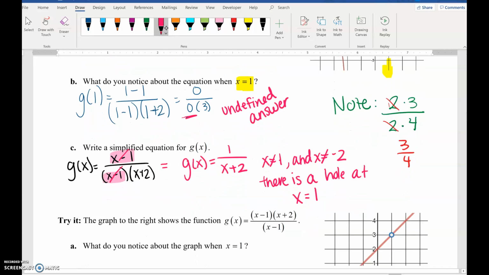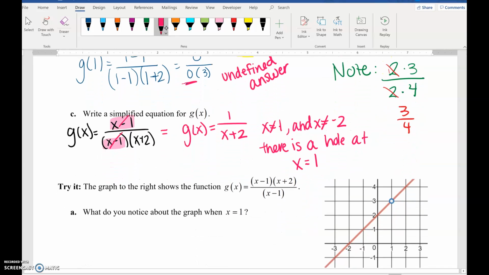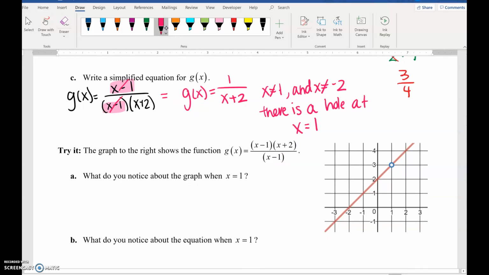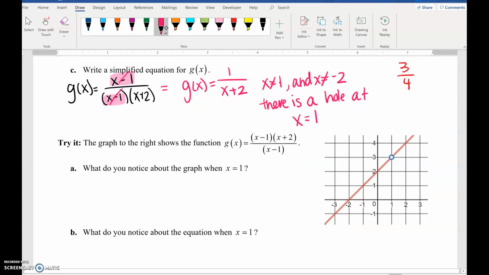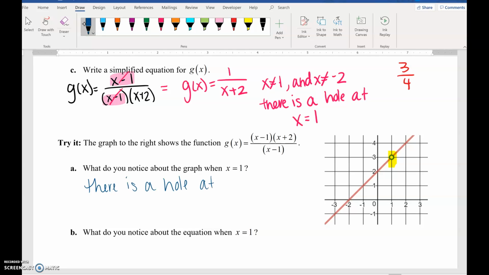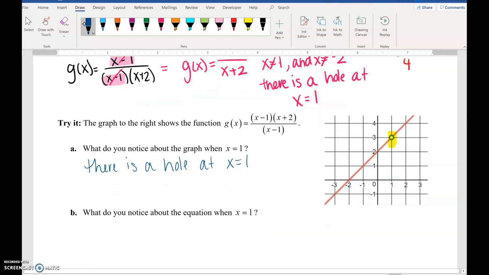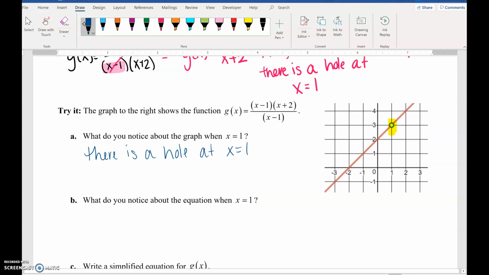Okay, so now let's look at another one. It looks very similar to the one we just did. However, the x plus 2 is on the top now. So let's see how that changes it. What do we notice when the graph x equals 1? Well, there's a hole again, right? There's a hole at x equals 1. What do we know about the equation? Let's plug it in again and see what we see.